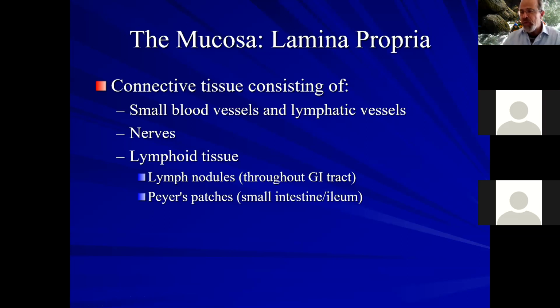So for example, food and things like that, coming from the outside, your digestive tract is really exposed to the outside through the oral cavity. So this lymphoid tissue is an important, additional component of the immune system that helps to protect us as well.